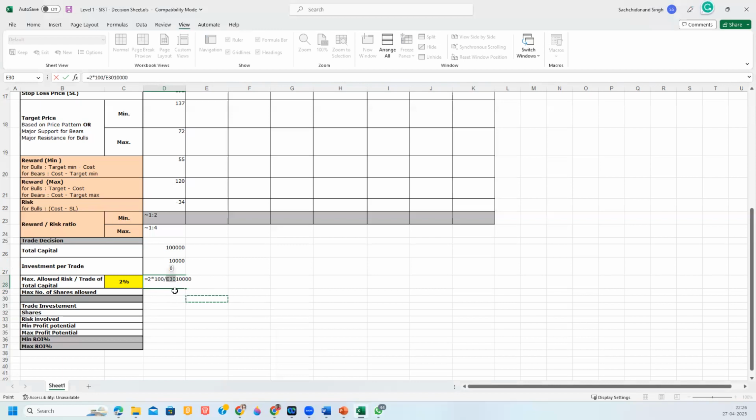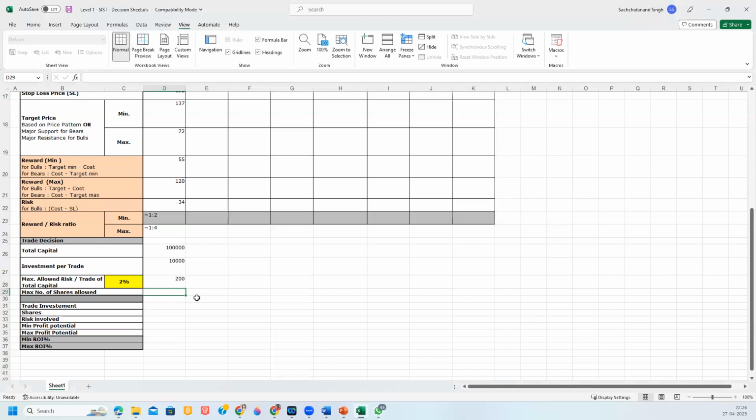Why don't you let it calculate? You put that cell reference, no? Is equal to, which column is that? D27 multiplied by 0.02. 2% is 0.02. So this should be the maximum. Yeah, this is a maximum risk of 200 is coming.